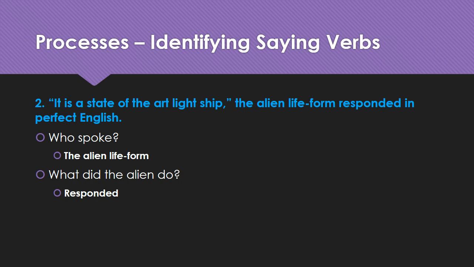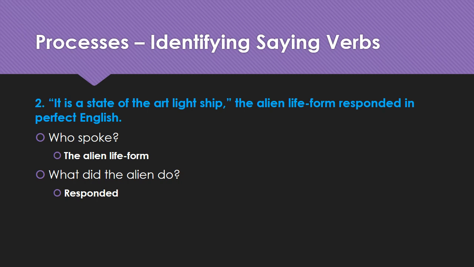Responded. Now be careful. In this example, some people might feel inclined to say responded in perfect English as what the alien did. Now the perfect English part is actually telling us more information about how he responded. It's not actually part of the saying process.